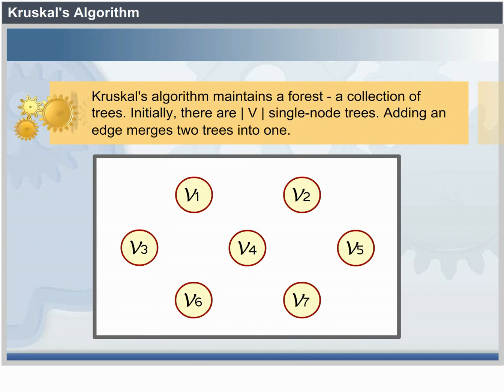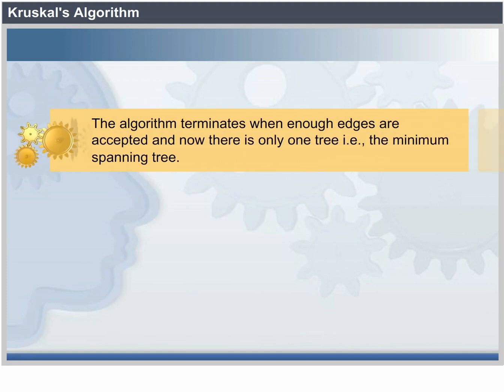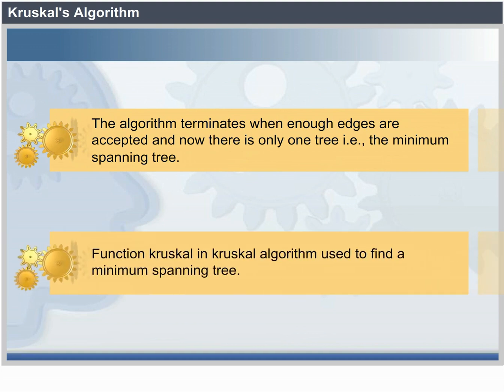Adding an edge merges 2 trees into 1. The initial structure is shown in this figure. The algorithm terminates when enough edges are accepted and there is only one tree, that is the minimum spanning tree. Function Kruskal is used to find a minimum spanning tree.